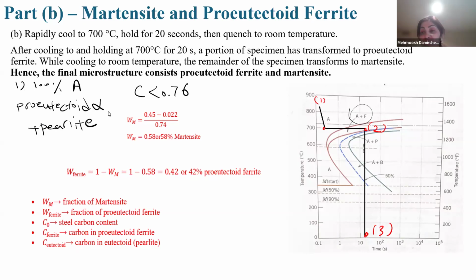But here you see other phases except pearlite, such as bainite, martensite, or something that you couldn't see in the phase diagram. But A plus F means austenite plus ferrite. Which ferrite? Proeutectoid ferrite. Okay, at 2, look at here, we have 2 red curves. This first red curve means the start of proeutectoid ferrite.